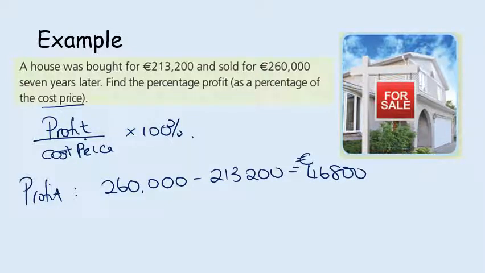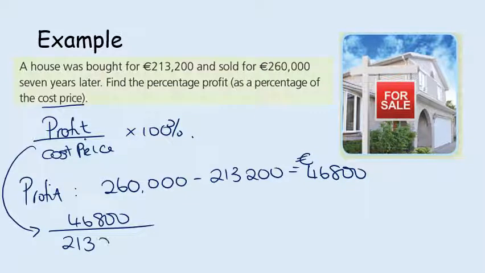Okay, so now working out the profit, we have €46,800 all over €213,200. Multiply that by 100%, and what you'll get is 18%. They have made an 18% profit, which again, really good going. You'd be delighted with that.